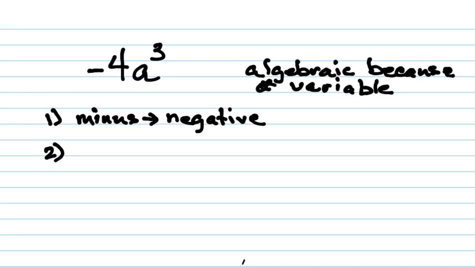Okay? What's the second part of every term? The coefficient. Coefficient, which just means the number part. So what is the number here? 4. Right, good. So the coefficient, which is the 4.